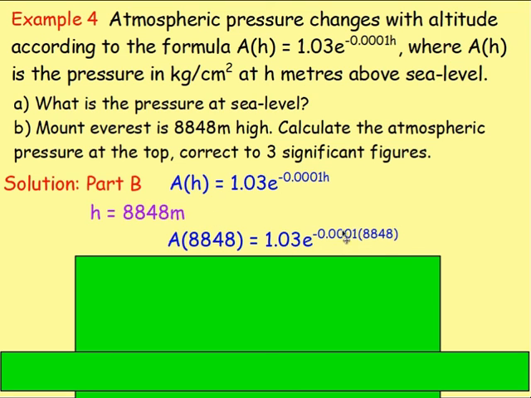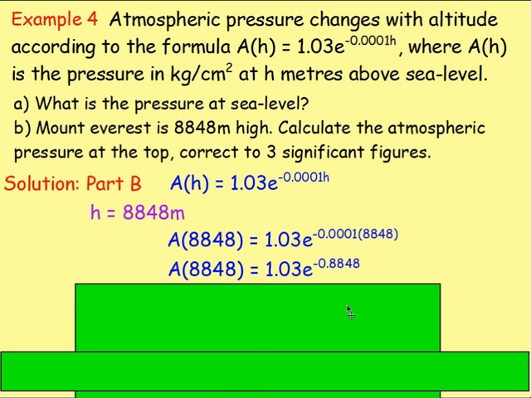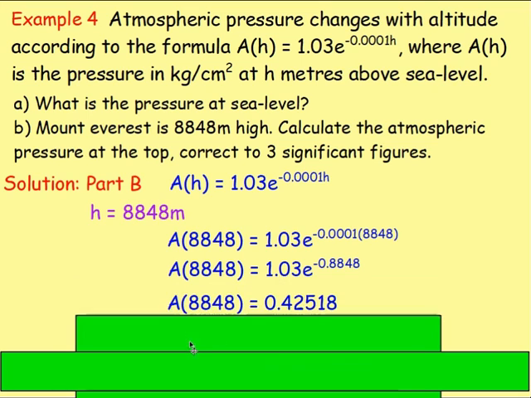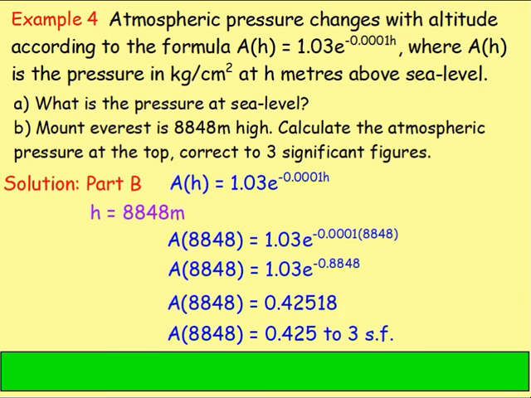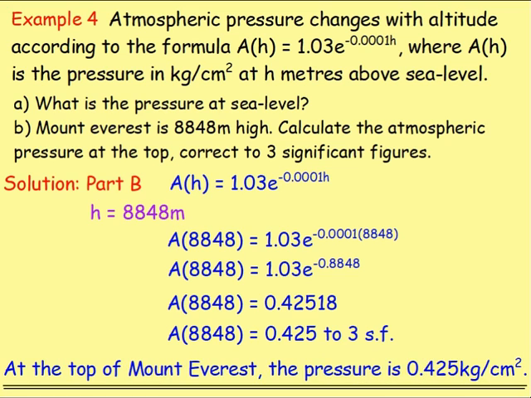From there, if you multiply these numbers together, it will give you e to the power of negative 0.8848. Work that out on the calculator and you get 0.42518. We're asked for 3 significant figures, so that will be 0.425. And you can just finish that off with a sentence saying at the top of Mount Everest, the pressure is 0.425 kilograms per square centimetre.